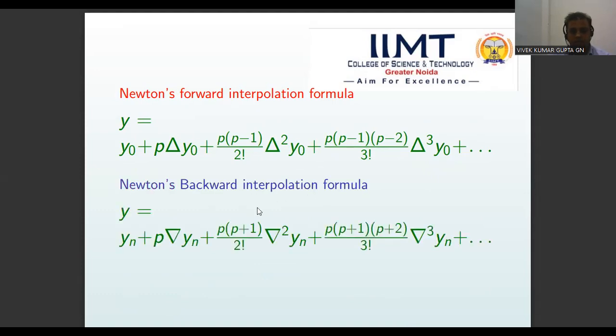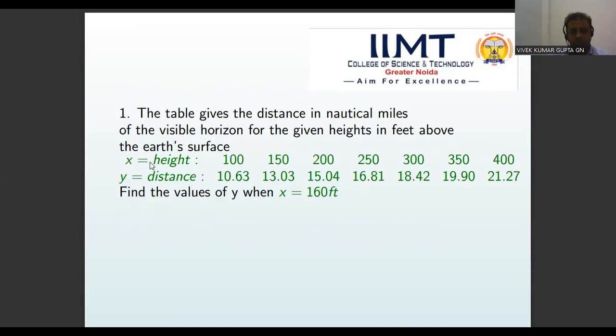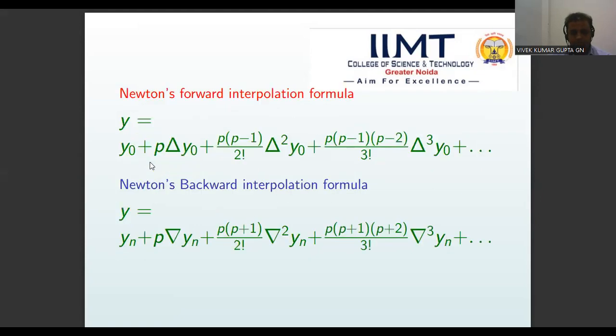And Newton's backward interpolation is given by this formula. Here we can see the difference between Newton forward and backward interpolation: Newton backward has the last value of the function yn, and Newton forward starts from the first value y0.